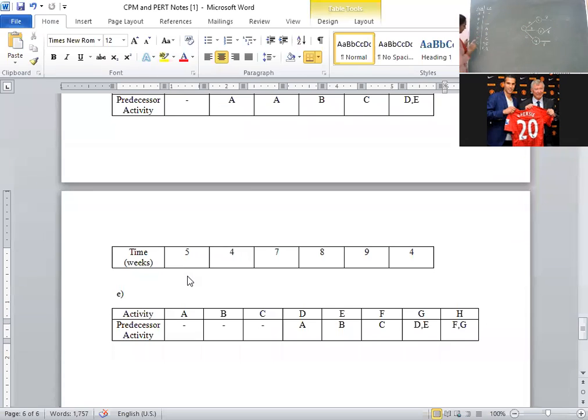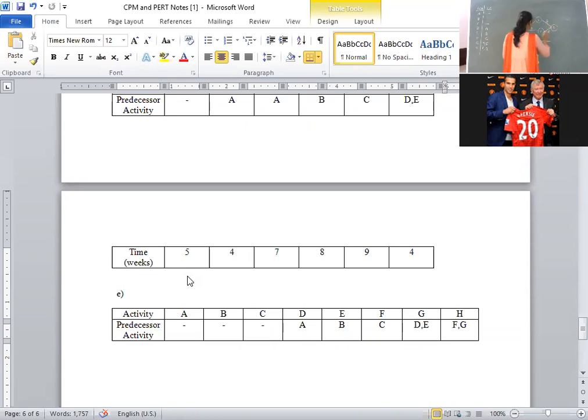Till here, any confusion? Next, D and E are completed, then only G. Here, how will we draw? What I told you, have to draw straight; curves are not allowed. That's why I will draw a straight line for D. D and E is completed, then only G. That's why the node is 5.